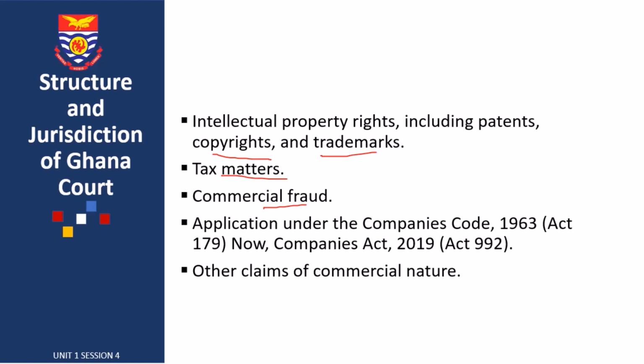Now this Companies Code is no more in operation. It has been repealed. The current one is the Companies Act 2019, Act 992, and other claims of a commercial nature. All these constitute commercial claims under Order 58 of CI 47.